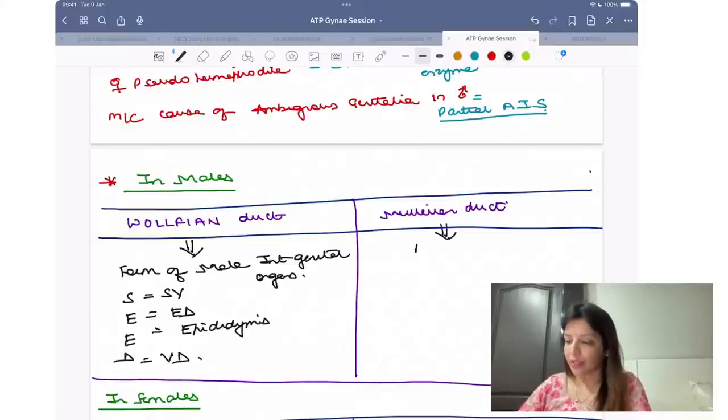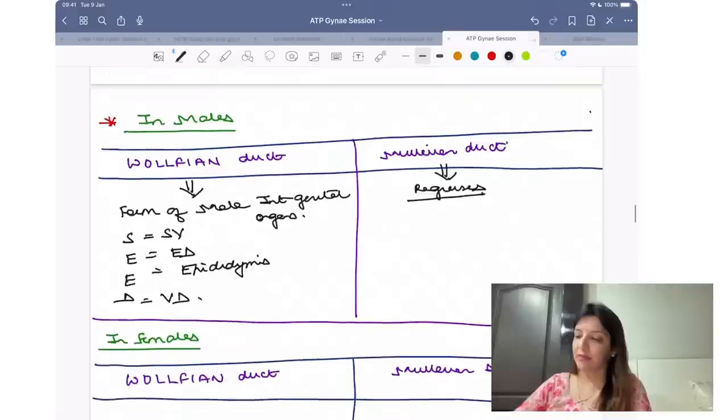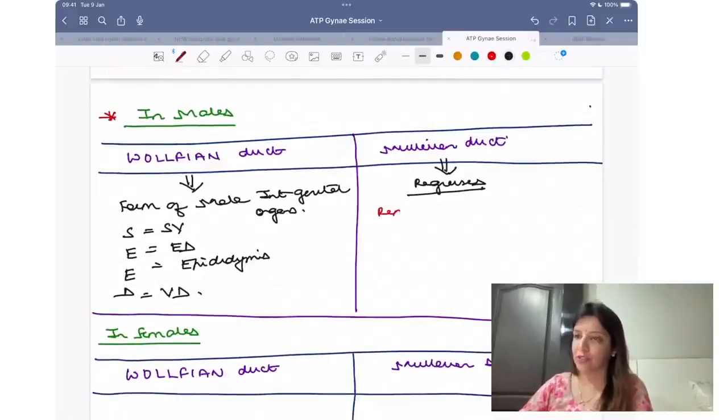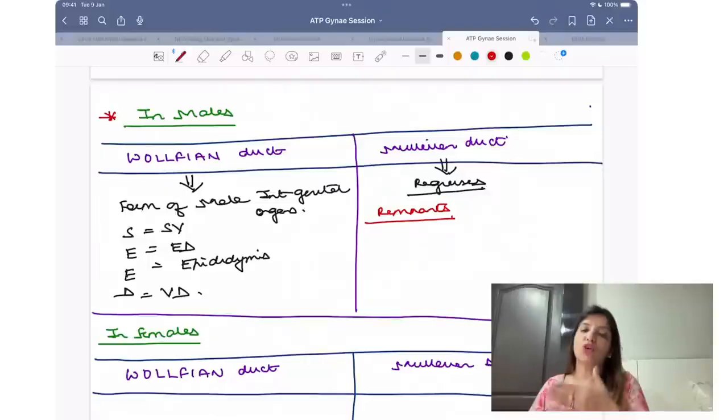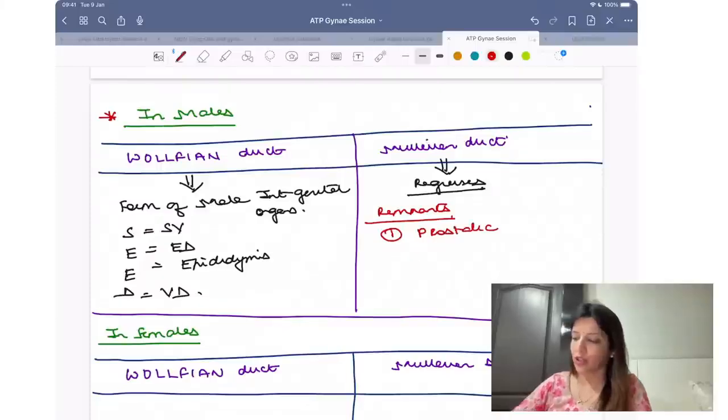Mullerian duct regresses in males, and when it regresses, it leaves certain remnants. What are the remnants of Mullerian duct in males? Very, very important question. Number 1, prostatic utricle.